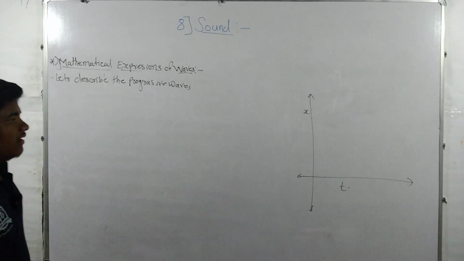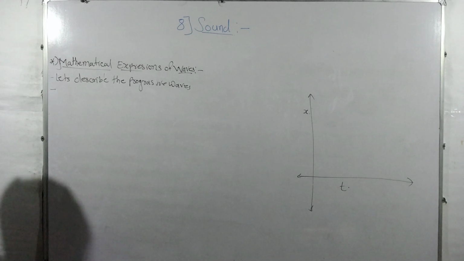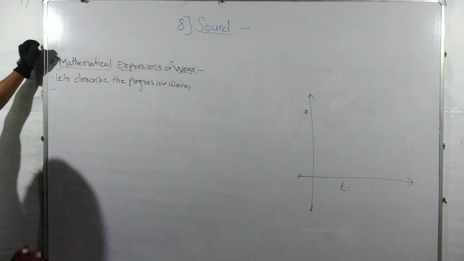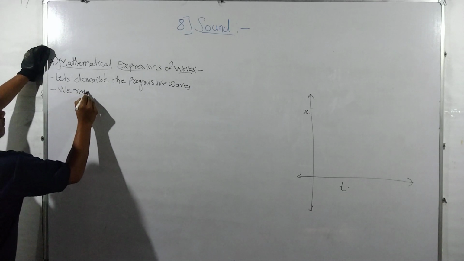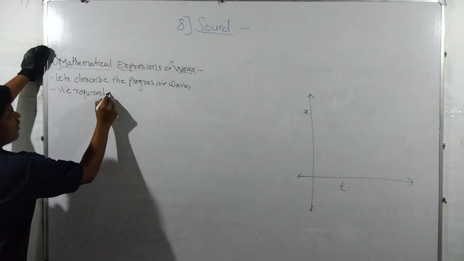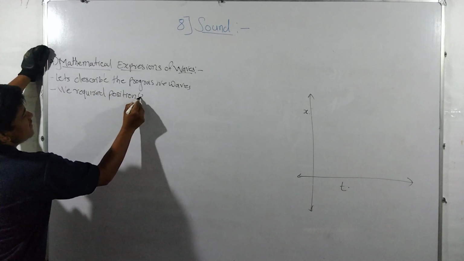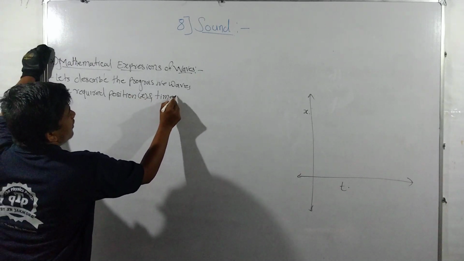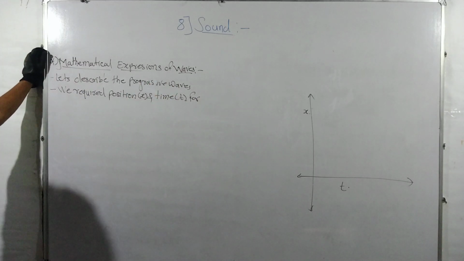Then we require the position of the progressive wave, that is x, and the time, that is t, for progressive waves.